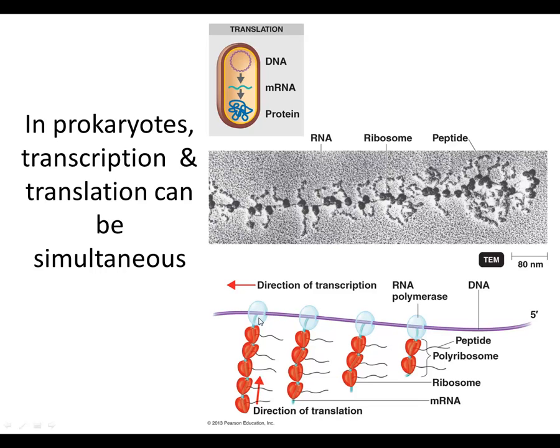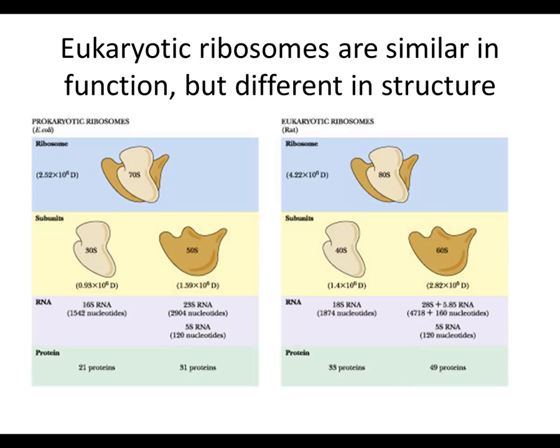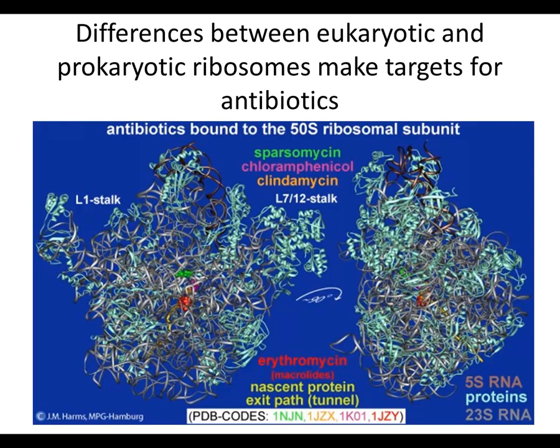This could never happen in a eukaryotic cell because the messenger RNA is made and significantly modified before a ribosome ever even sees it. Does that make sense? Okay. As far as the differences between eukaryotic and prokaryotic ribosomes, there's none in terms of the mechanisms.